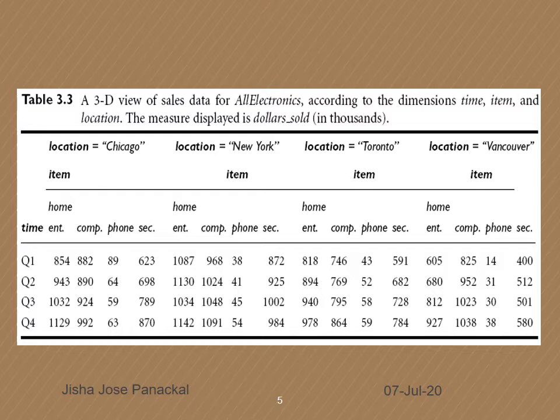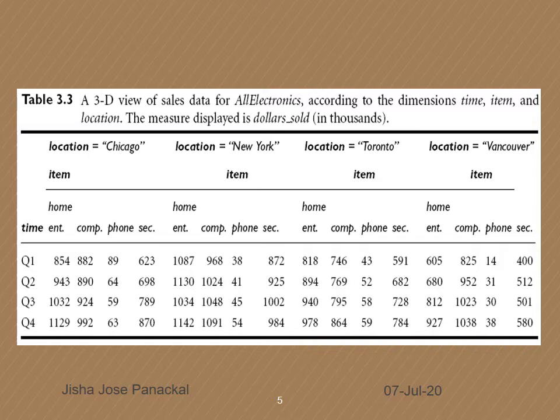You see, any one of the dimensions should be repeated so that we can represent all the values as a table. Here we are repeating the item, home entertainment, computer, phone, security, for each and every location.